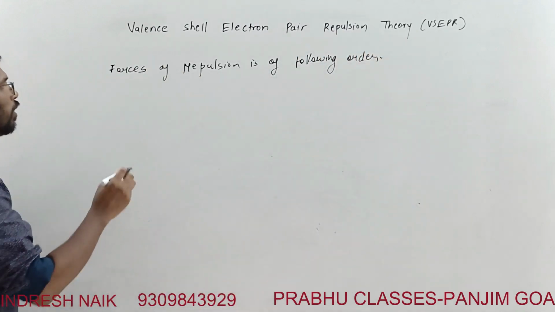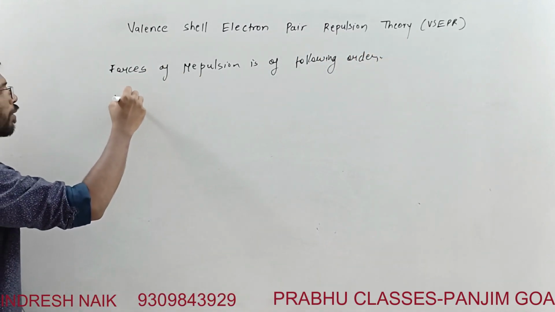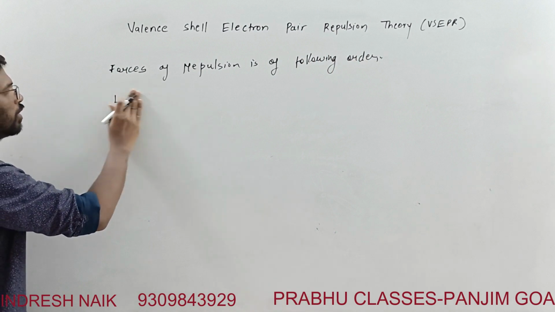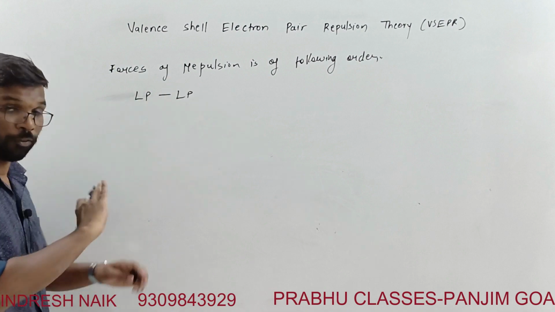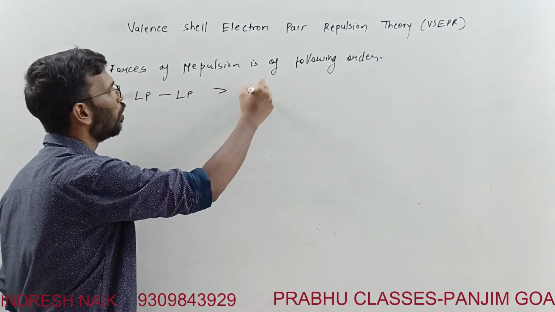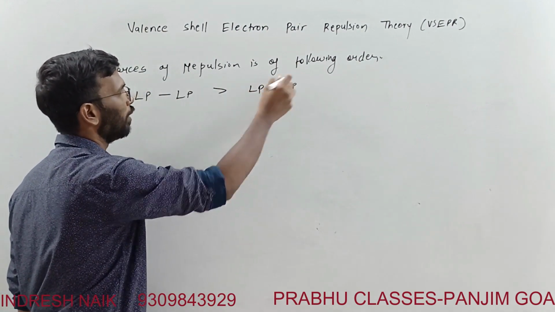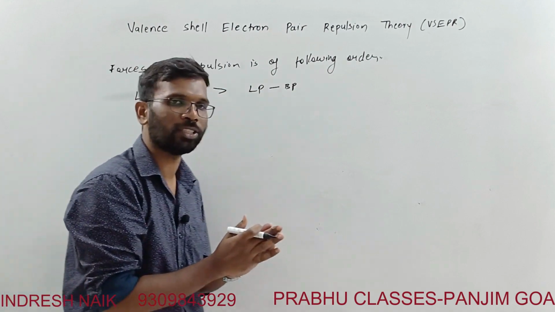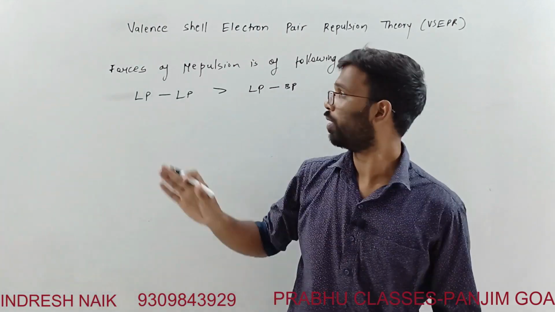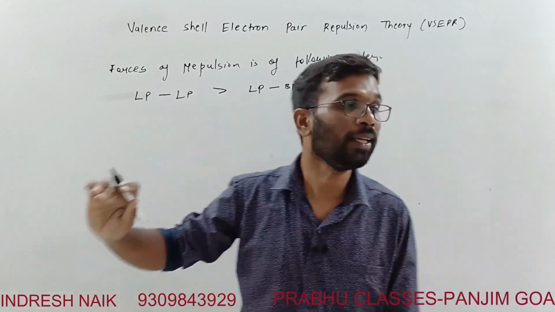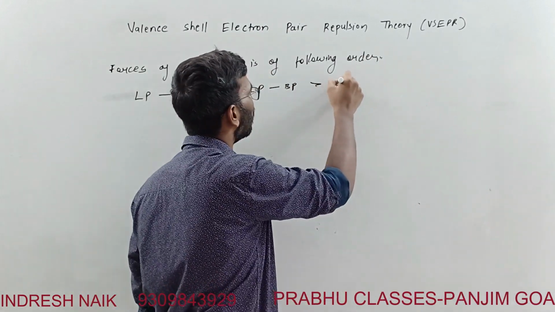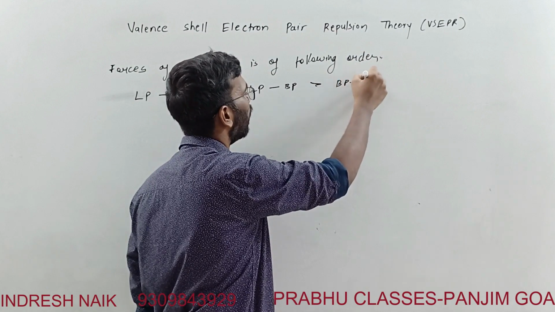I'll write LP for lone pair. Lone pair-lone pair interaction will be maximum. There will be a little less repulsion between a lone pair and a bond pair, and the least repulsion will be between a bond pair and a bond pair.